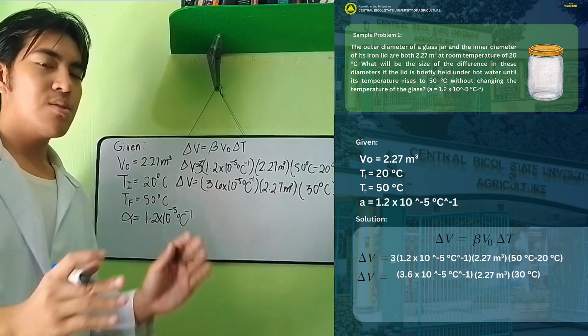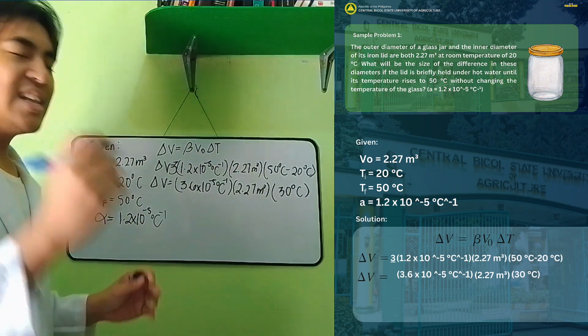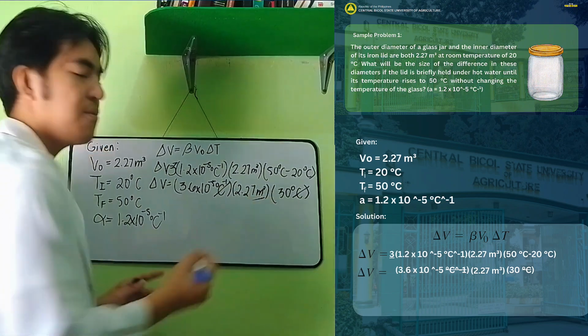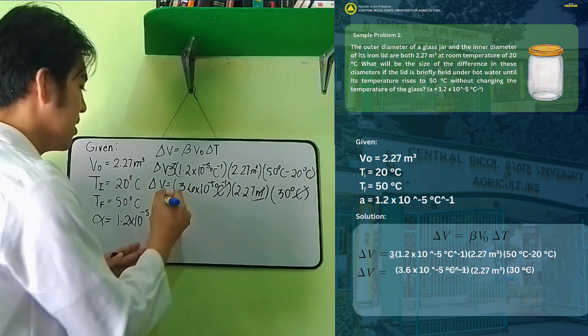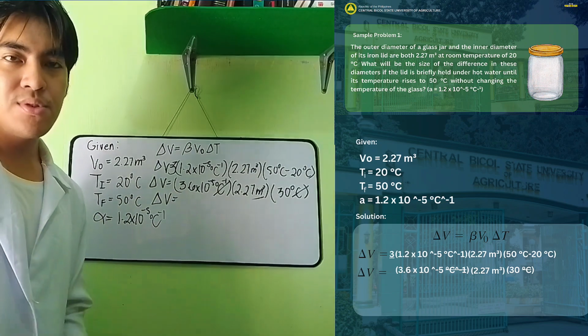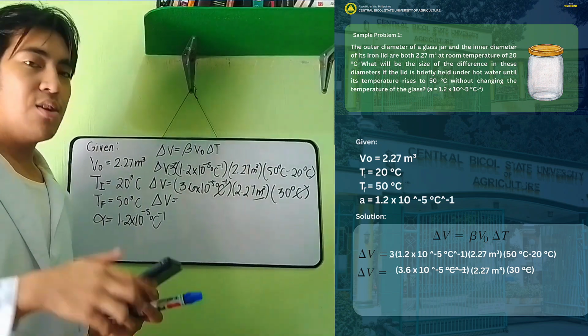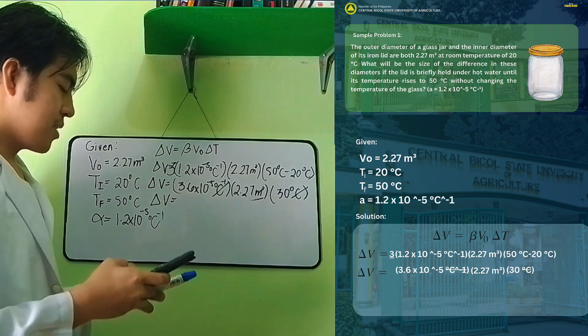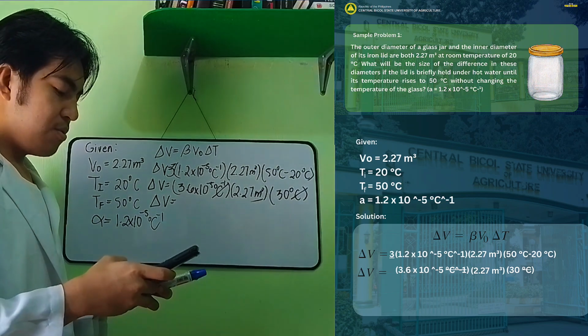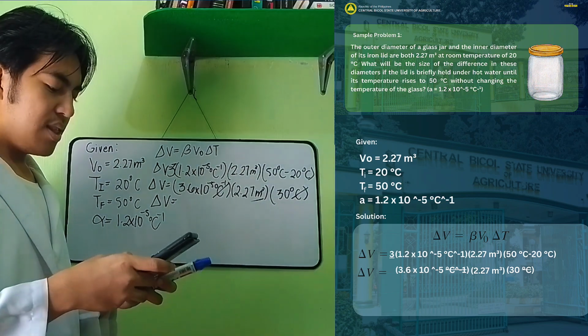So what we are going to do next is to cancel out degrees Celsius, and we are left with cubic meters. Next is to put all our inputs in our calculator in order to find the answer. So 3.6 times 10 raised to negative 5 times 2.27 times 30.